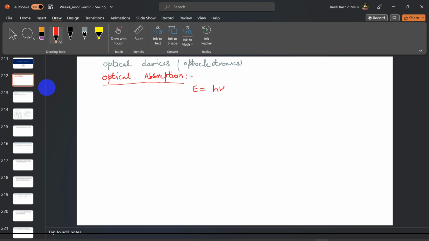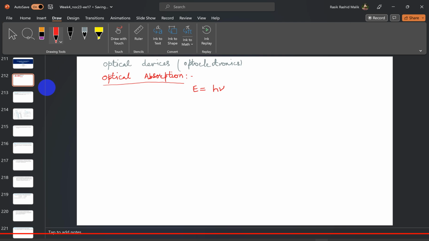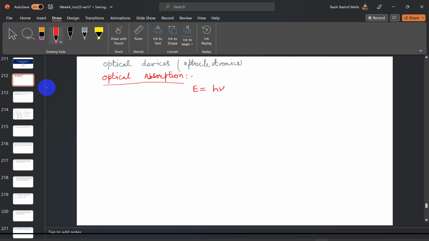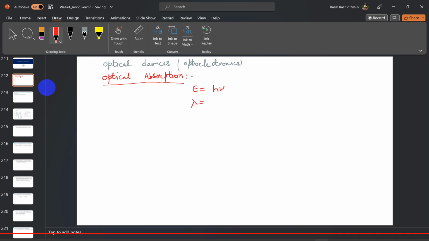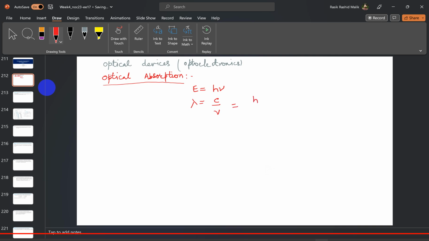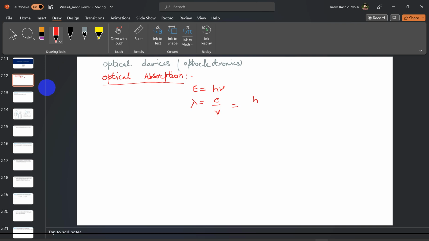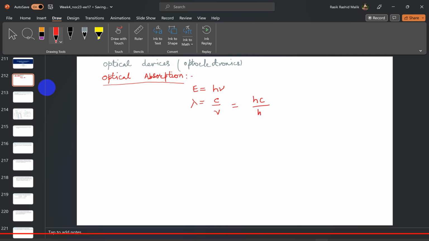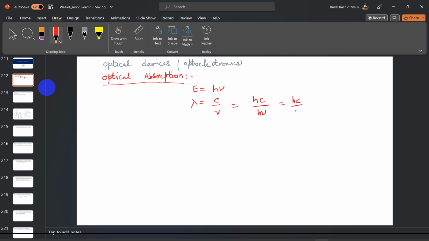We can also relate the energy in terms of the wavelength, because wavelength is the velocity of light divided by the frequency, lambda equals c by nu. If I multiply by Planck's constant in both the numerator and denominator, I can write it as hc by h nu, that is hc by energy.